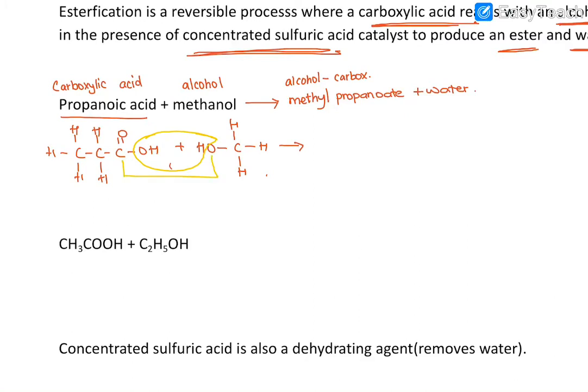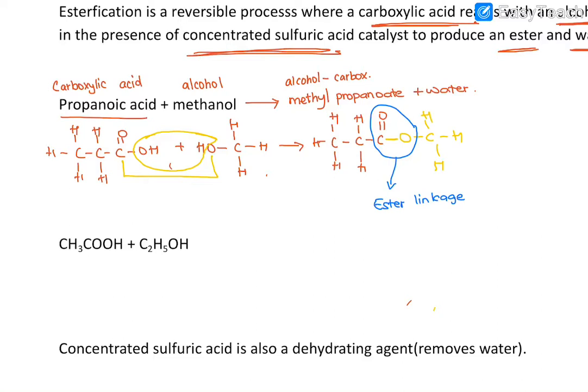It's just showing that this carbon is now linked to this oxygen. So this is the propanoic acid part and this is the alcohol part. And here, this is called the ester linkage over here. And then you're going to have water as the product as well. So this is methyl propanoate.